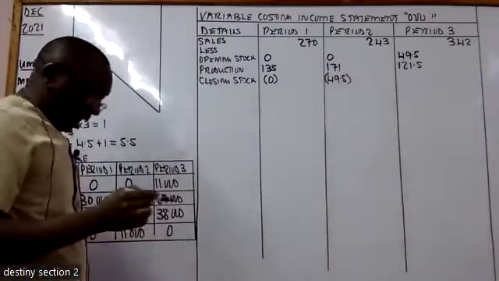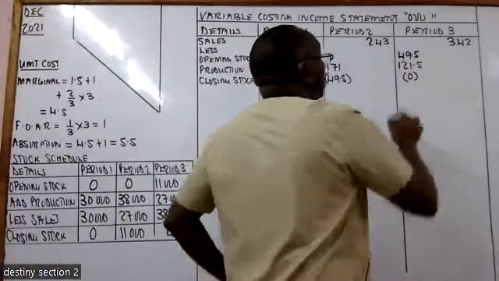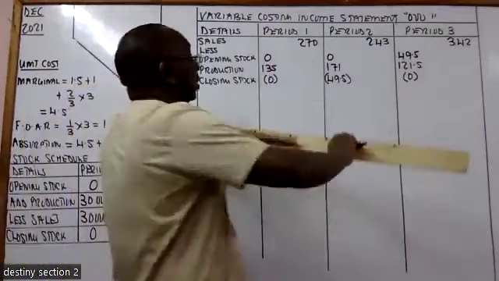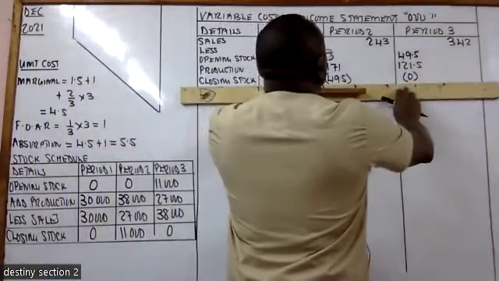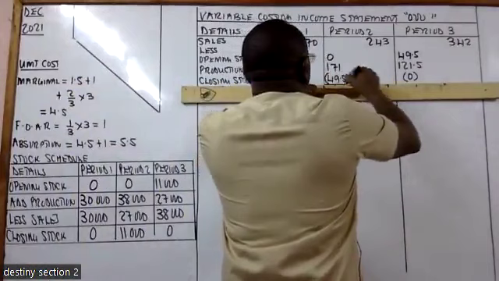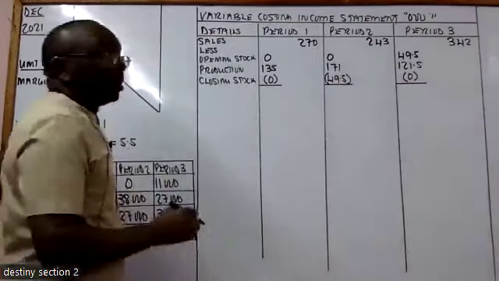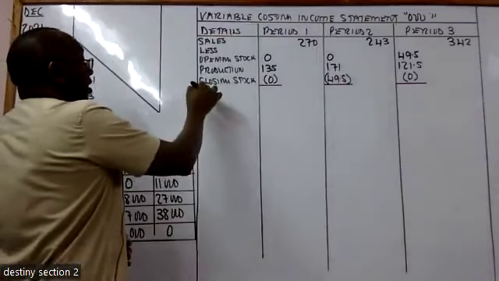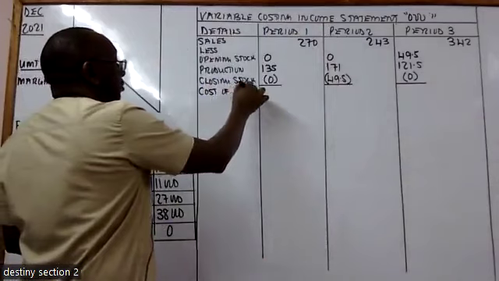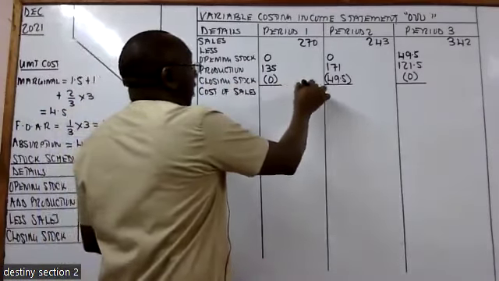And then the third period, it is 0. So with that, we have cost of sales. So this one is obviously 135.